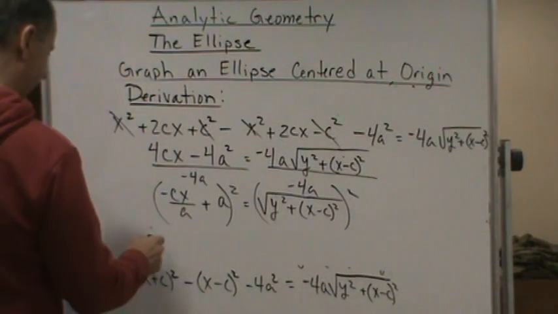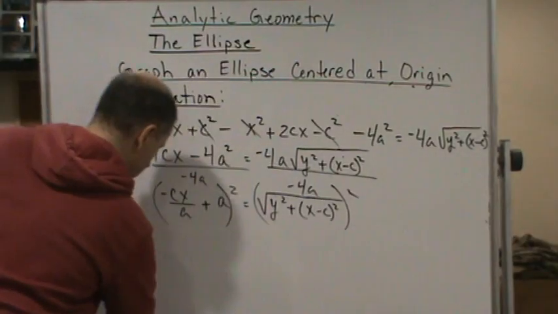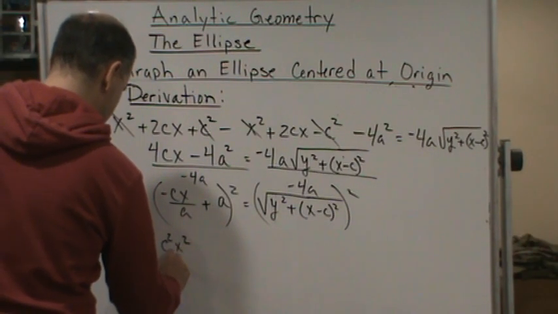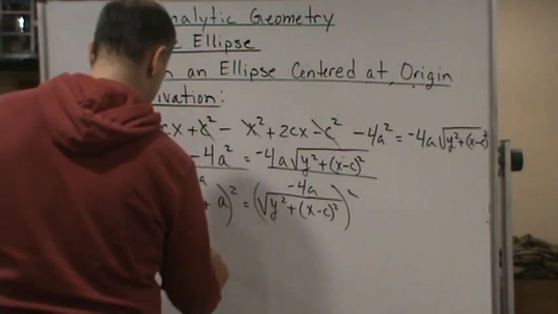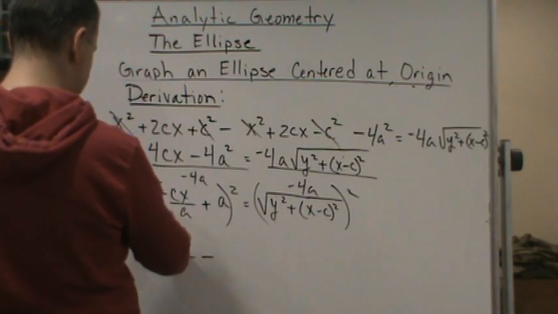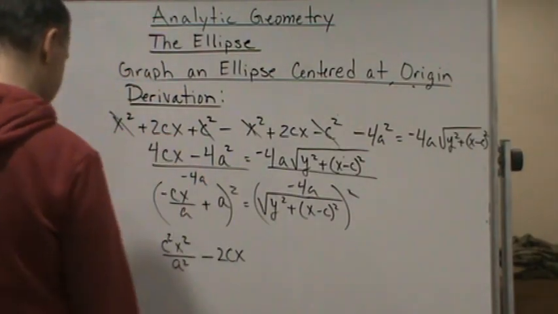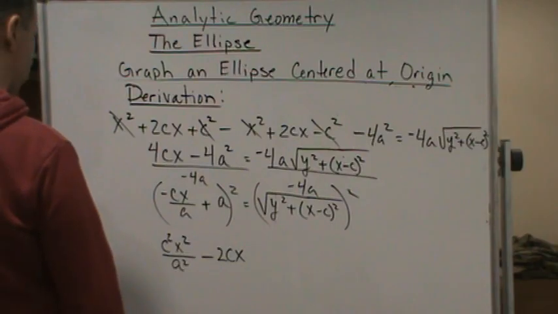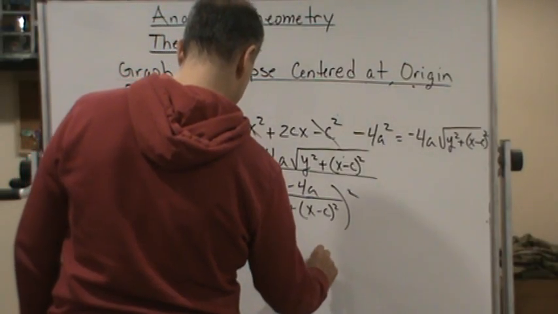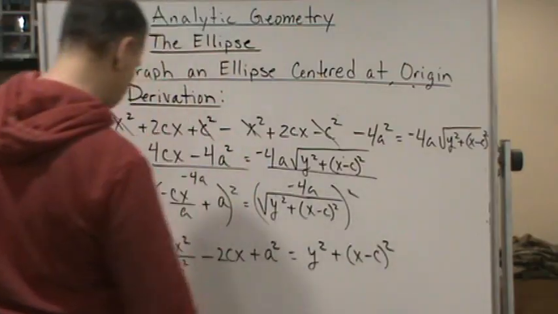And so when we do that, what do we get? This is going to give us c squared x squared over a squared minus, this times this, which is just going to give us negative 2cx, plus a squared, which is then equal to y squared plus x minus c quantity squared.